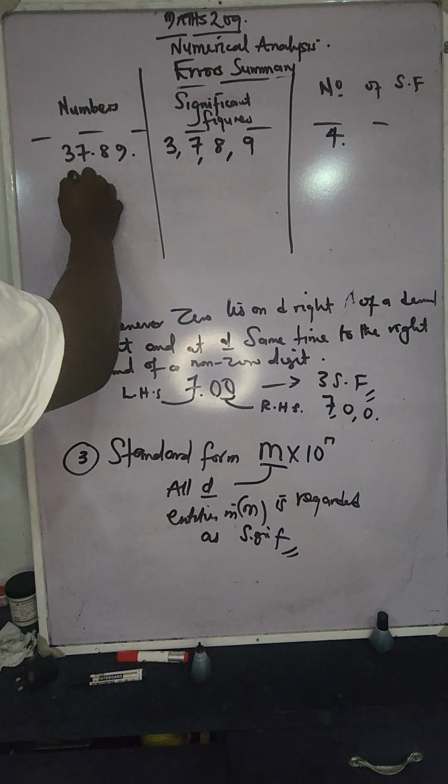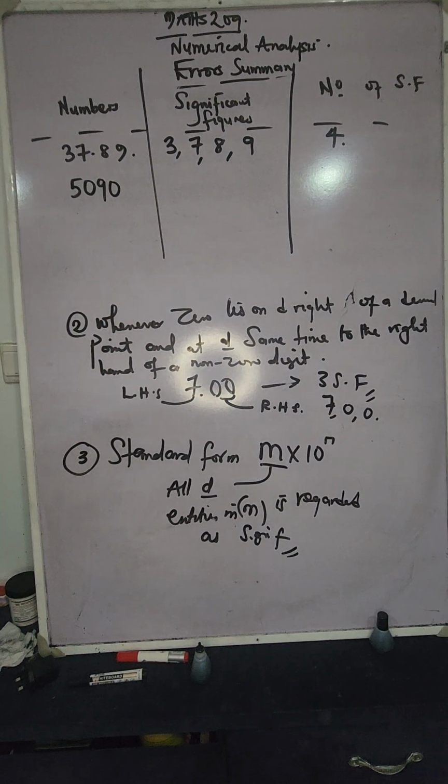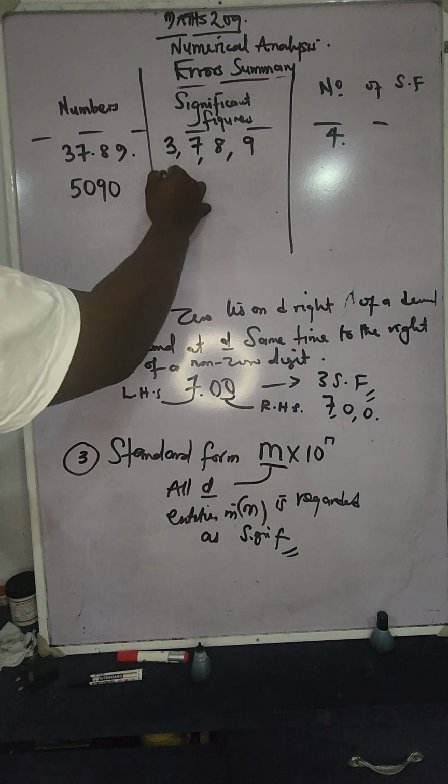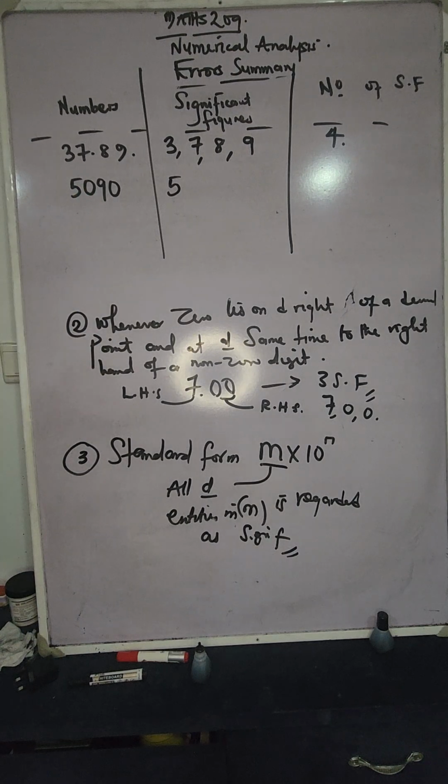The next one is 5090. How many significant figures are here? 5 is a non-zero. Now, are we going to regard this 0 here? Yes. Why?